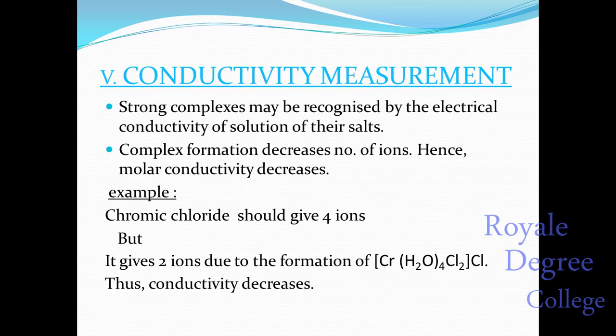Why is it giving 2 ions? Due to the formation of this complex, [Cr(H2O)4Cl2]Cl. Because of the formation of this complex, chromic chloride, instead of giving 4 ions, will give 2 ions. Thus, conductivity decreases.